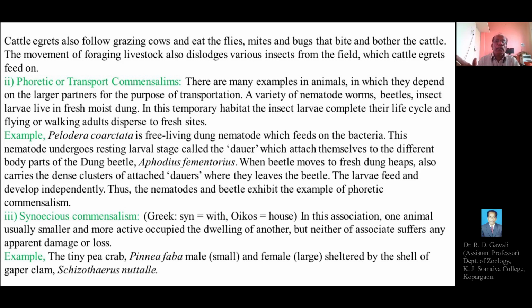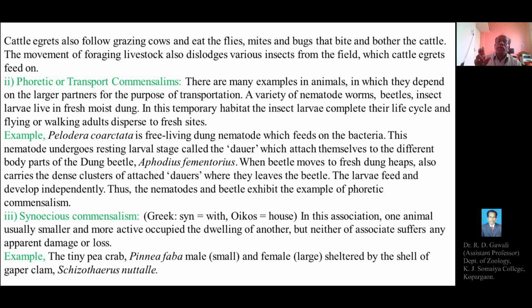So the larvae feeding on the bacteria in the fresh moist heap of the dung develop independently. Thus, the nematode and the beetles exhibit the example of phoretic commensalism, that is, the nematodes are carried from place to place by the dung beetles.